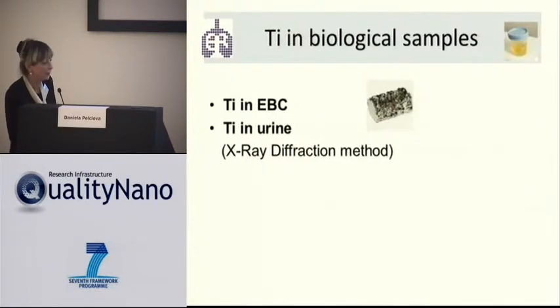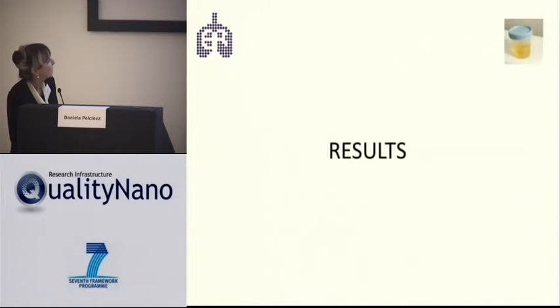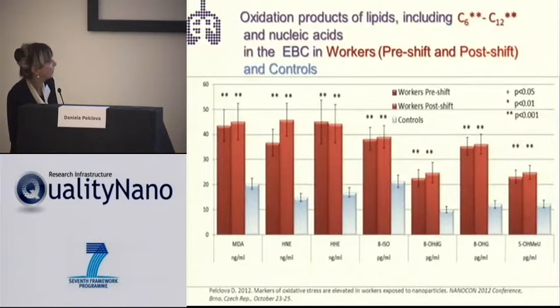And then titanium was measured in the biological samples, both in the exhaled breath condensate and in the urine. The results. First results were already presented at the conference NanoCon in Brno in October this year. And at this picture, you can see the oxidation products of lipids.